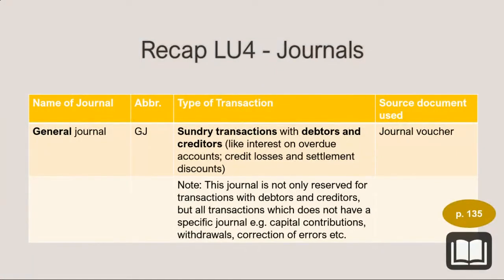Okay, so just to get back to the journal, so your general journal, and that we will discuss later on as we continue with the learning units. Your general journal is basically any sundry transactions which does not belong in your cash journals or your credit journals. So that's anything that doesn't have to do with sales or purchases or payments will generally go into your general journal.